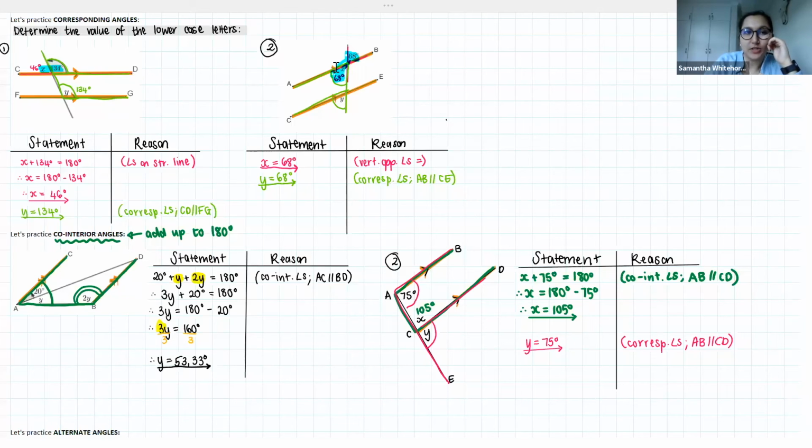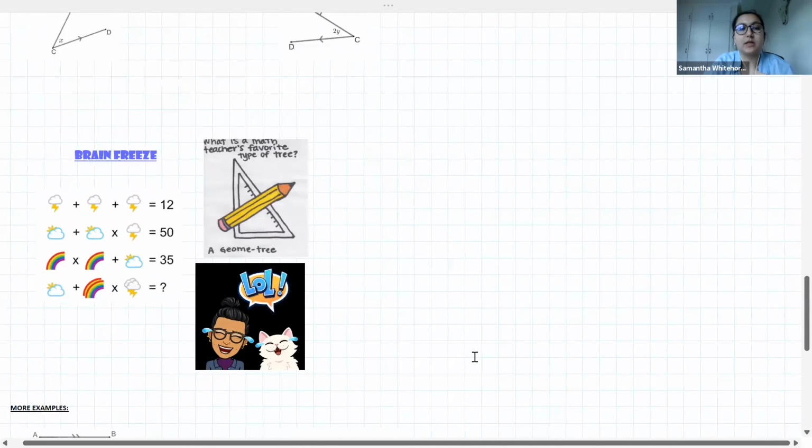Again, any questions, grade 8s, please ask. Good, grade 8s. Okay, I'm going to assume there's no questions. I'm assuming we've all got our screenshots. Let's take a little break before we practice alternate angles.